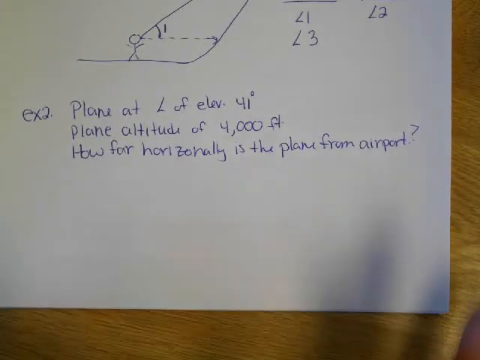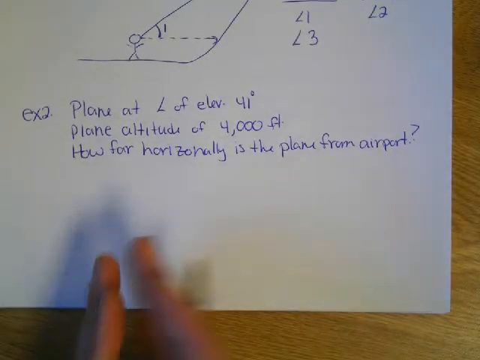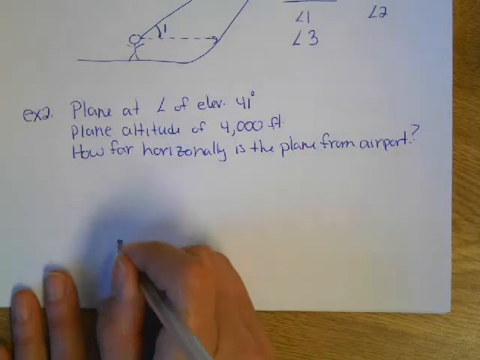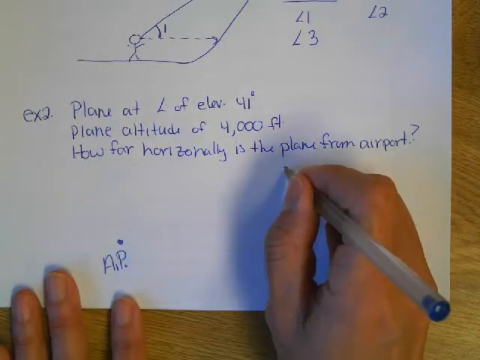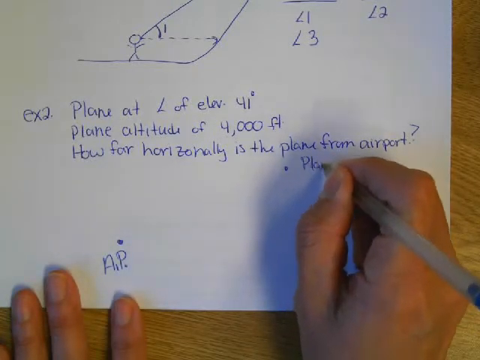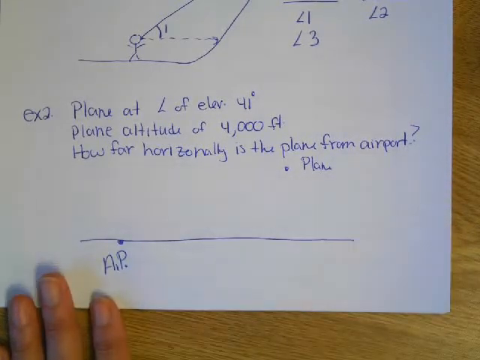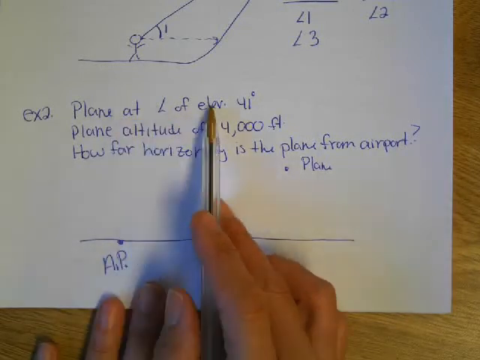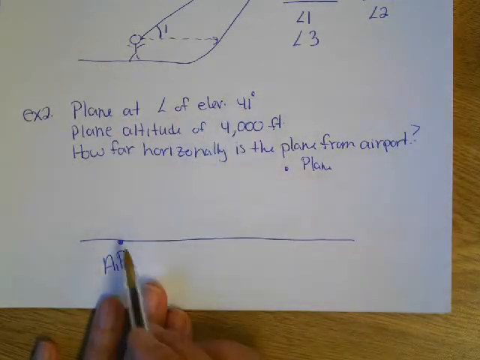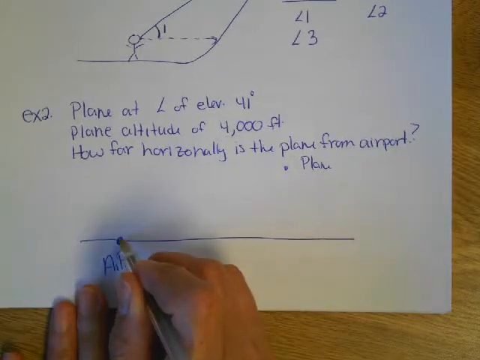Okay, so put all your key information. We've got the air traffic controller that's at the airport. So this will be the airport. Airport, AP. And then we've got our plane in the sky. So here's the ground level. So here's what we know. The plane is at an angle of elevation of 41 degrees. That means the air traffic controller being at the airport, his zero line is going to be even with the ground.